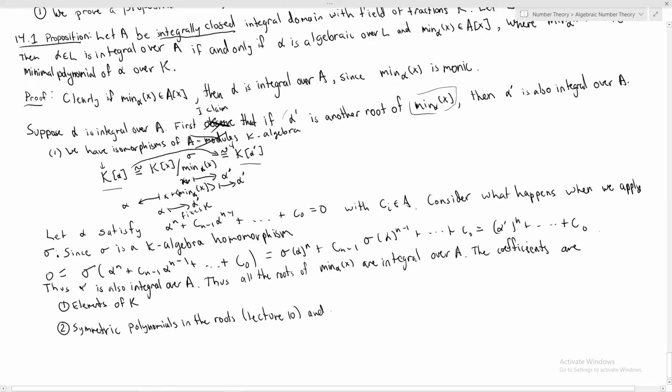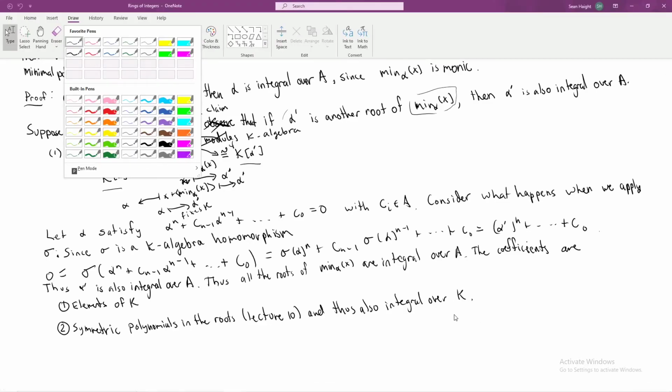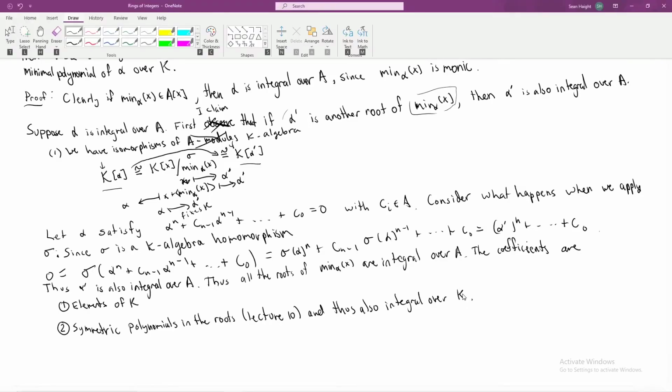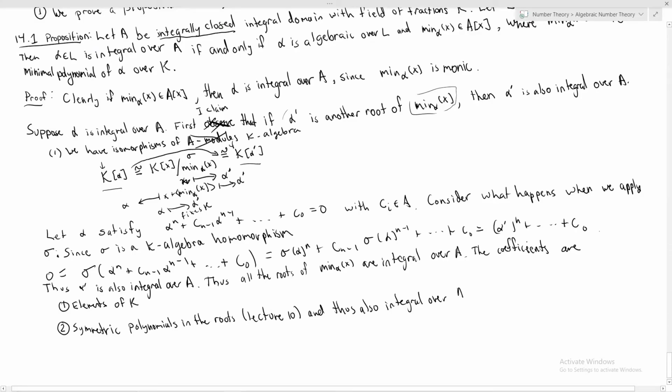And thus also integral. So the coefficients are multiplications and additions of integral things, and are therefore integral because integral elements form a ring. Sorry, this should be over A, not over K.